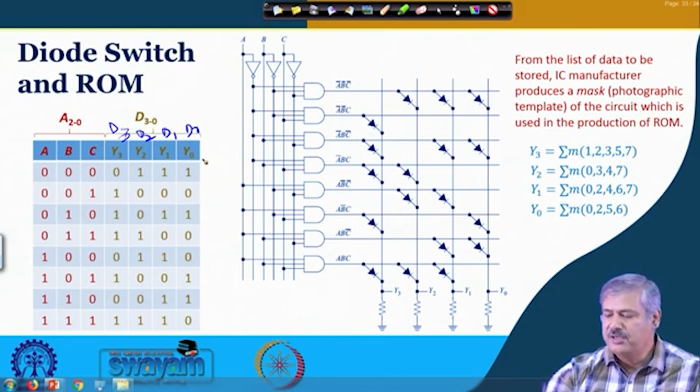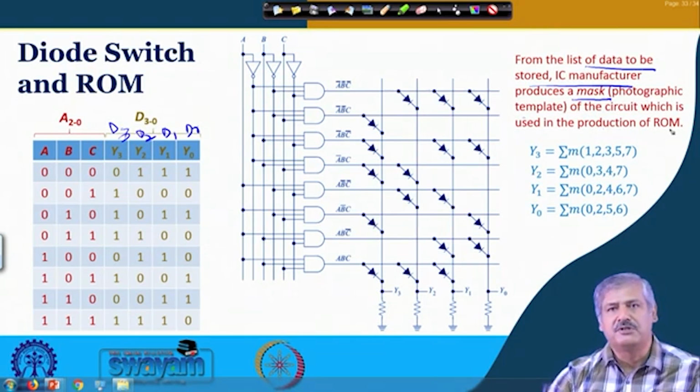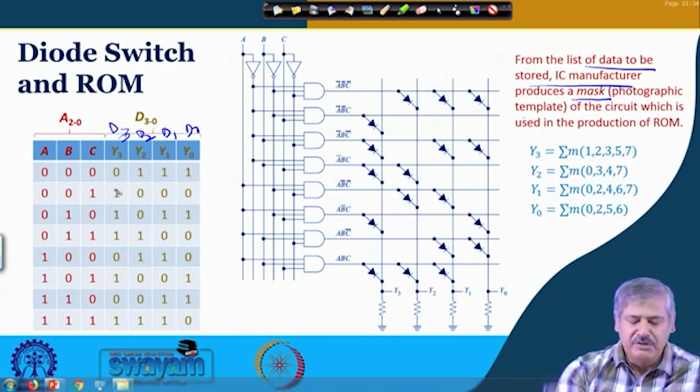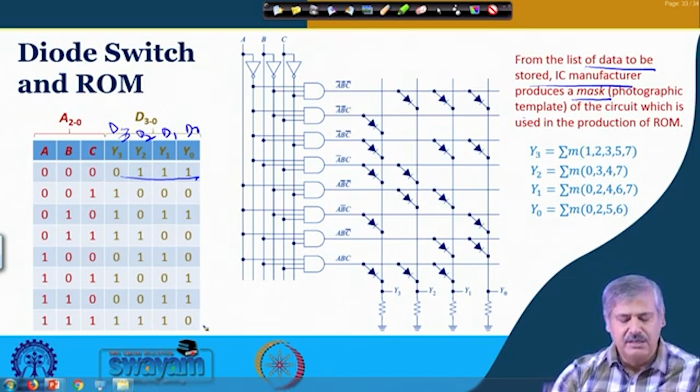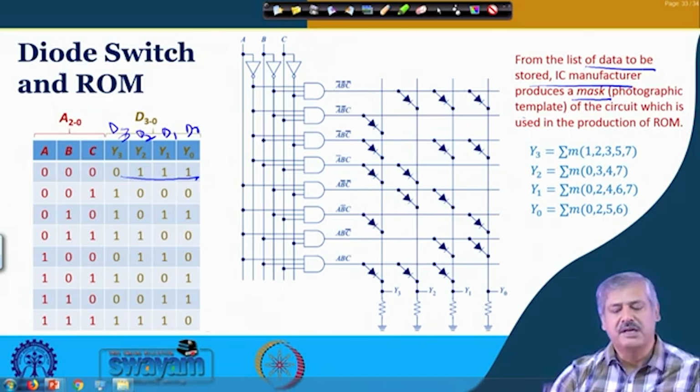It has to be told to the IC manufacturer, who will prepare a specific mask, a photographic template of the circuit, which will be used in the production of the ROM. So say you have said I want in the first location 0111, second location 1000, third location 1011, this needs to be stored. This is the way for the rest of the cases. Okay. So this is what is over there.